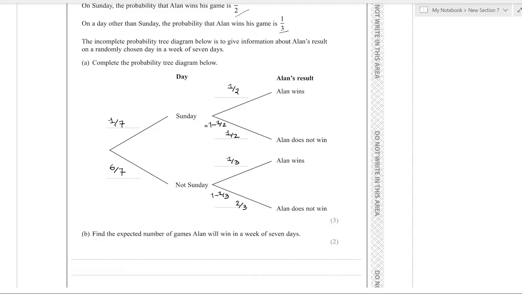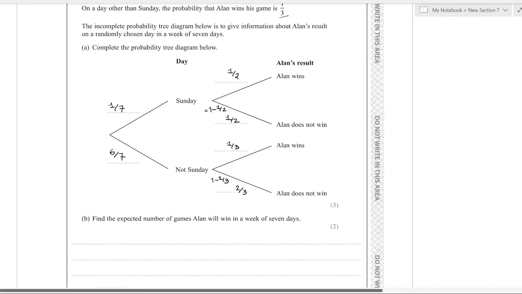Now in part B, find the expected number of games Alan will win in a week of 7 days. So there are two situations: Alan could win on Sundays and Alan could win on not Sundays.